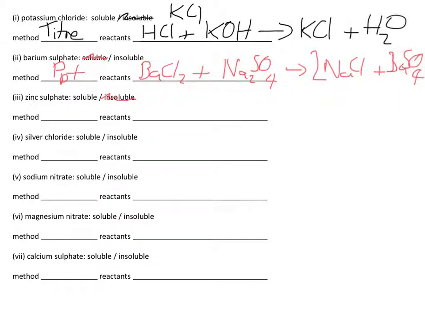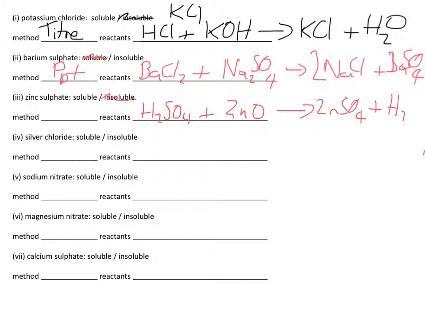Sulfate is easily provided by sulfuric acid, which is a lovely soluble substance. And the zinc could be supplied by an oxide of zinc, ZnO, zinc oxide.